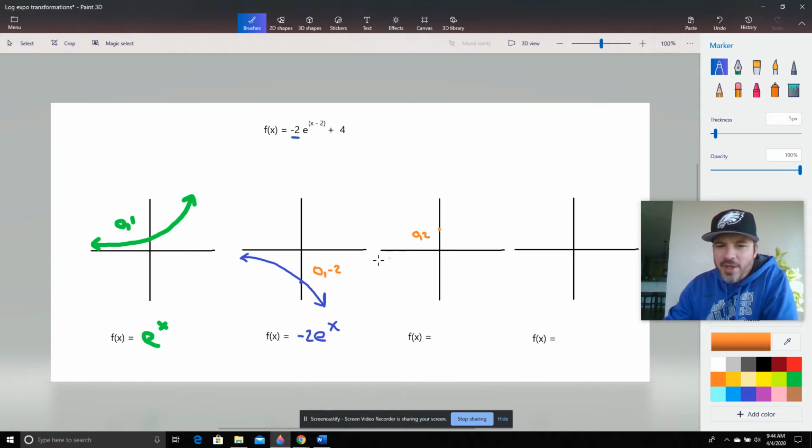And remember, this y equals is a y: this asymptote is a y equals line, so it also gets moved up to here. This is going to be y equals 0 plus 4, which is 4. Don't change the end behavior. It's still a growth function. It starts slow, grows fast, and then there we are.